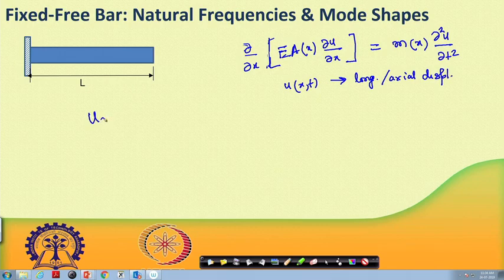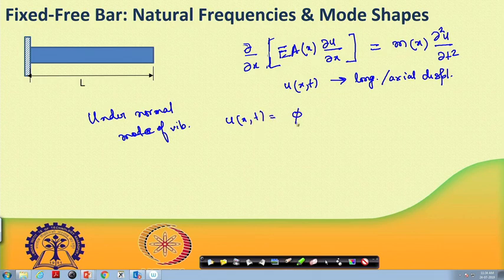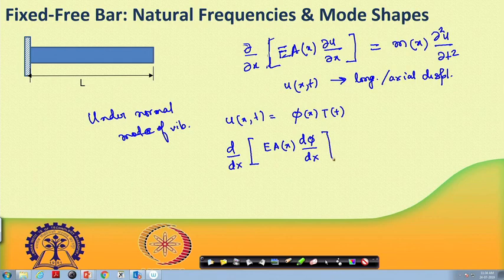We have also seen that under normal mode of vibration, u(x,t) could be written as φ(x) T(t), and once it was substituted into the equation of motion, we got d/dx of (E A(x) dφ/dx) equal to minus ω² m(x) φ(x).